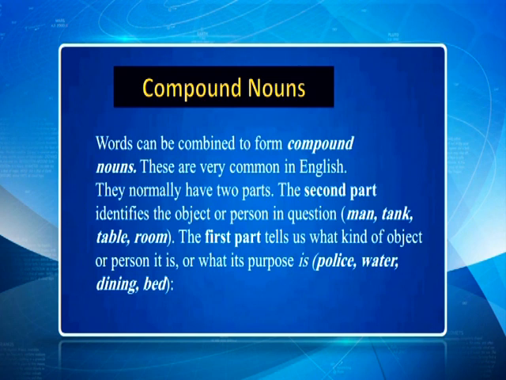So if we say policeman, the first part, which is police, is talking about the purpose or what kind of noun the second noun is. Man is the noun itself. So policeman, police is the purpose or the kind of thing or person, and man is the person or object itself.